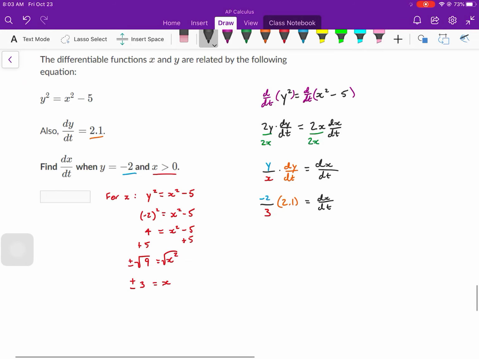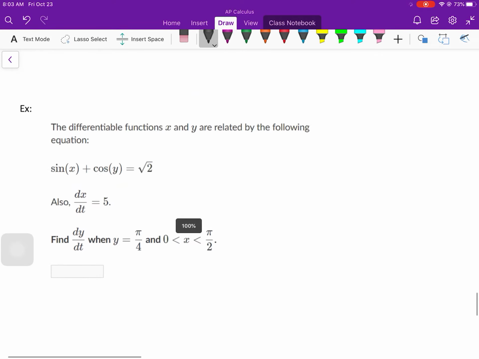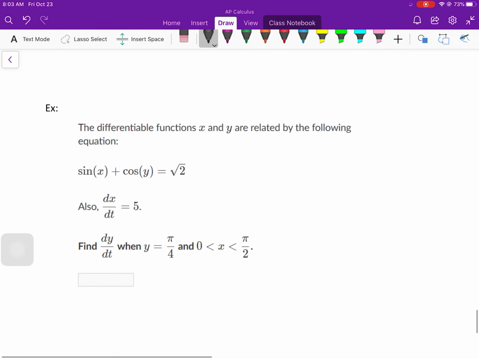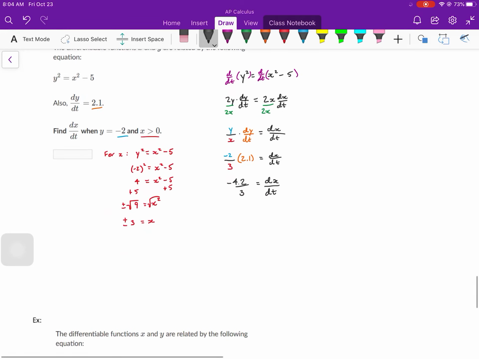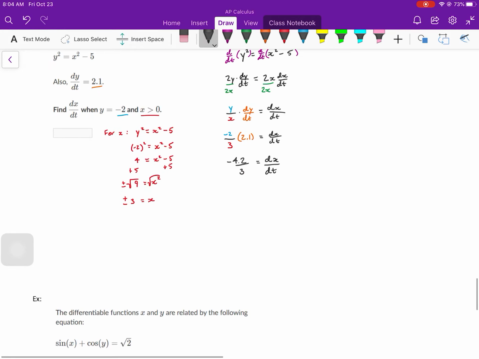Now we just multiply that, so that's -4.2 divided by 3. And that's the answer. I'll give a detailed solution on this one, and you can reference that in the notebook.